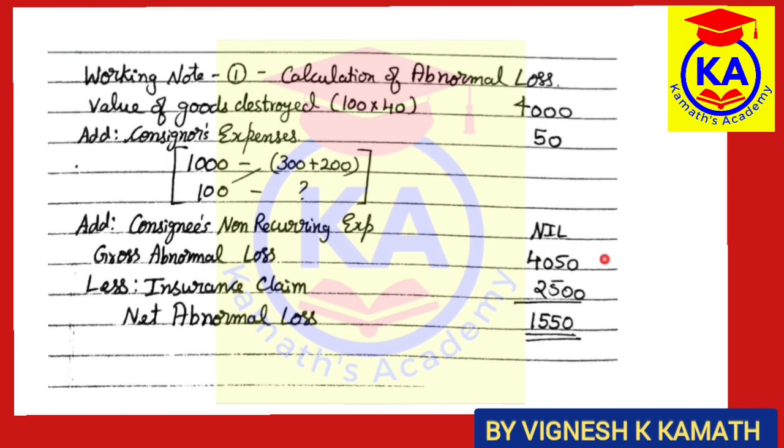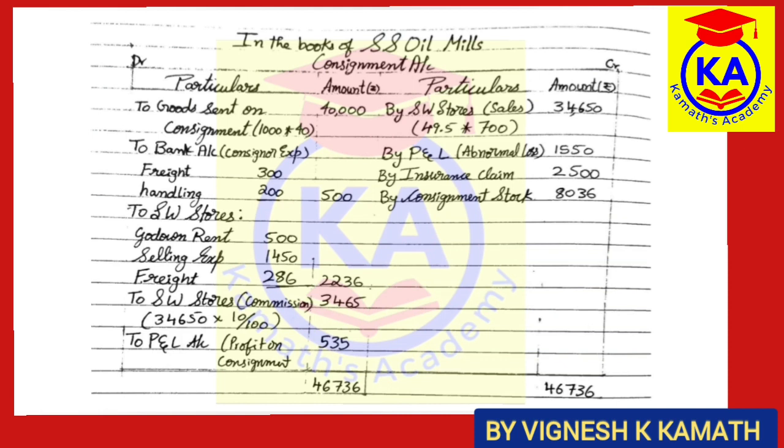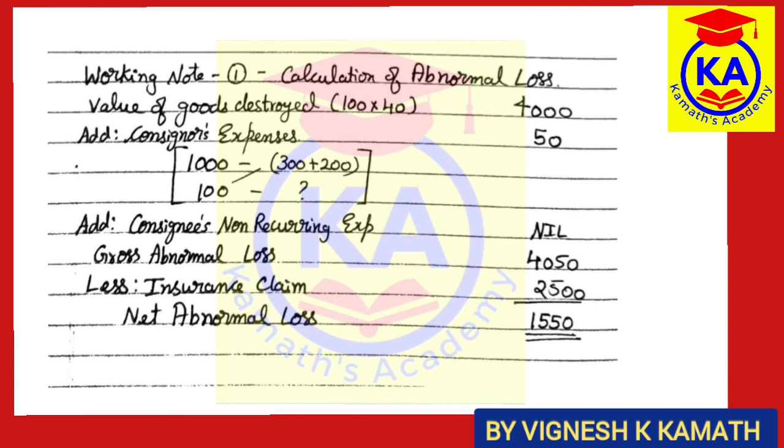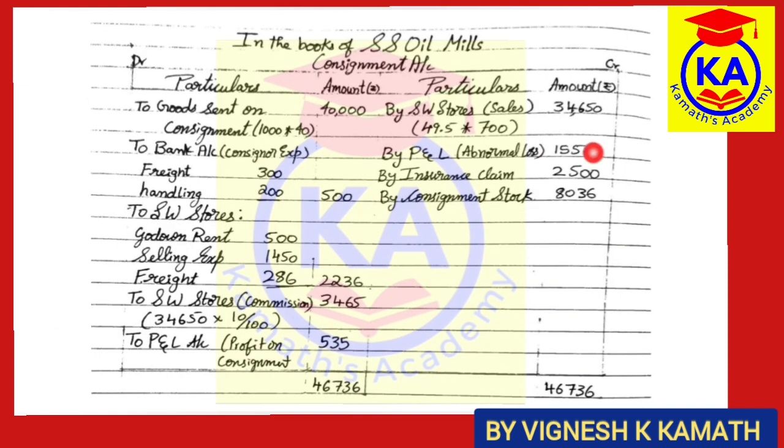So 4050 minus 2500 will come to 1550. This is the net abnormal loss. The net abnormal loss value should be written in the consignment account as by P&L, in bracket abnormal loss 1550. I hope you are clear with the abnormal loss.